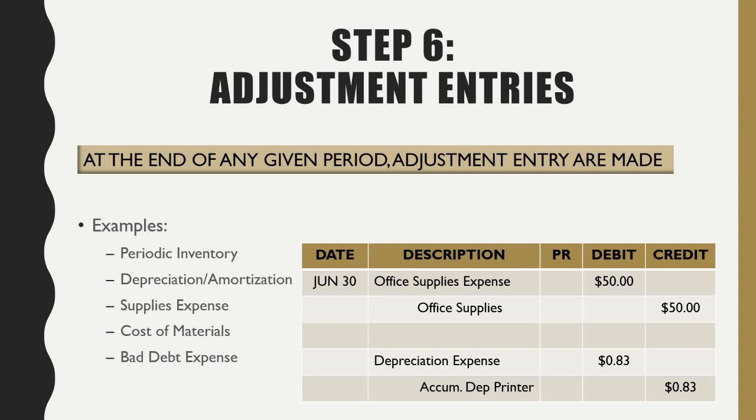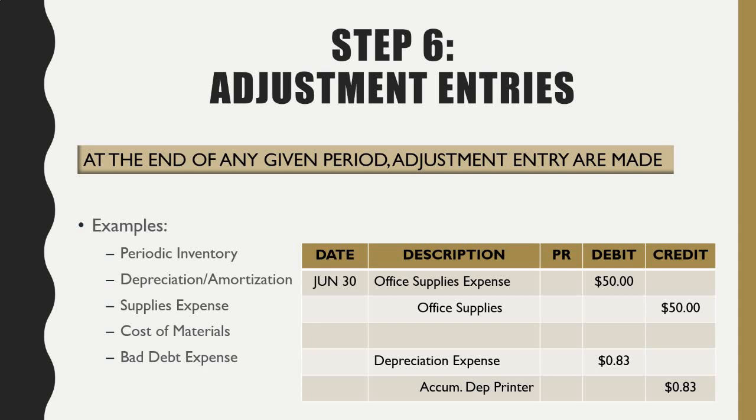So periodic inventory, depreciation is an adjustment. Supplies expense, where we purchase supplies, we need to adjust to see how much we actually have currently on hand available, and basically get rid of the supplies that we used.